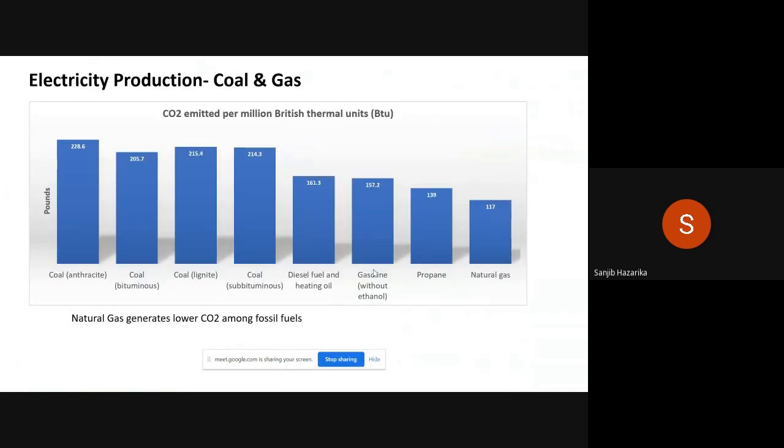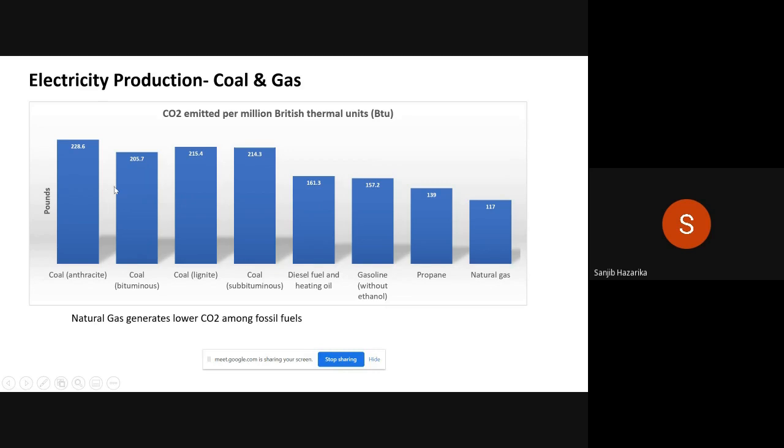So it is again coal versus gas. It's carbon dioxide emitted per million British thermal units. Here we can see coal emits almost 228 pounds per MMBtu of thermal energy.